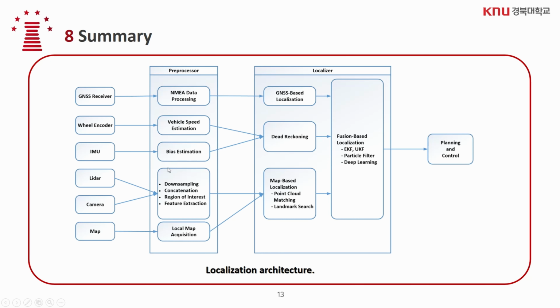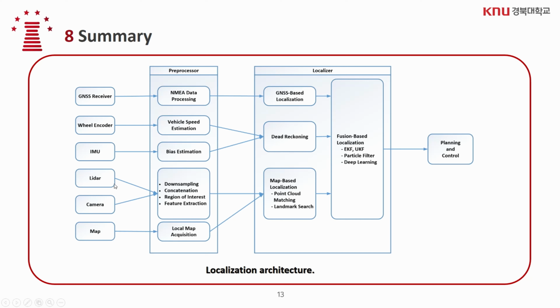So in summary, our goal is to locate the vehicle position and help the path planning and control of the vehicle. The most common sensors used in autonomous driving systems are the GNSS receiver, wheel encoder, IMU sensor, LiDAR, camera, and also we have the map. The map we use as a local map acquisition, and our focus is mainly map based localization, point cloud matching.